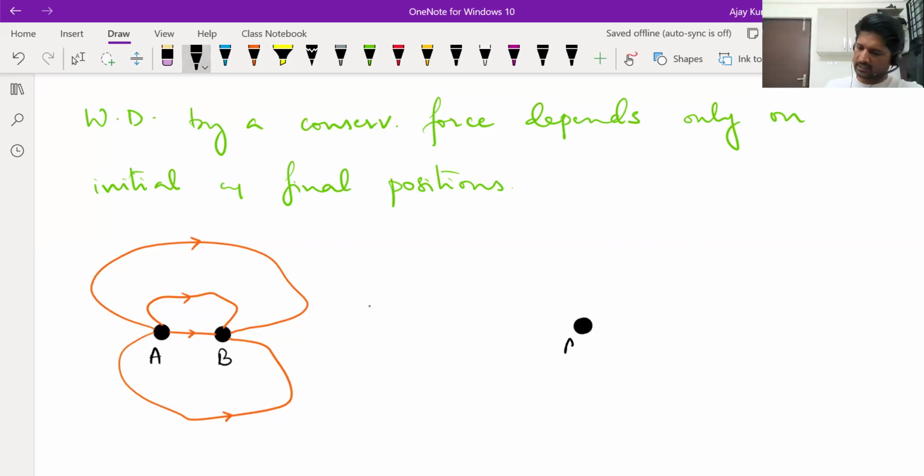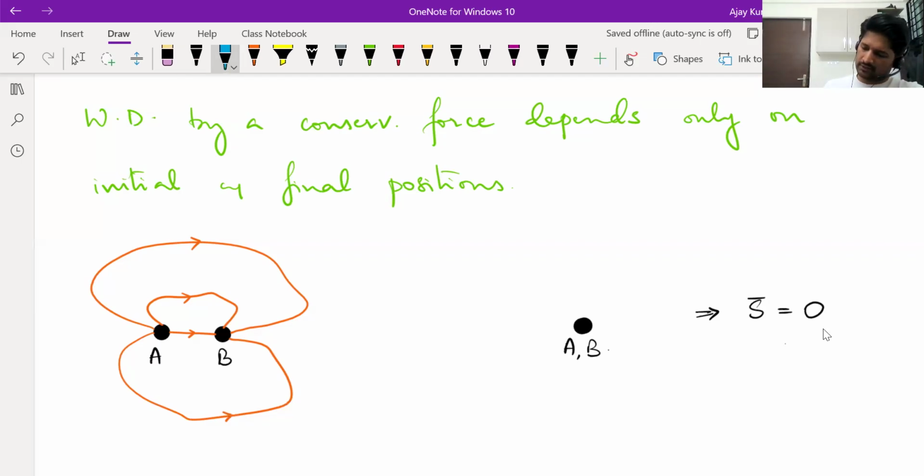Now consider two points which are side by side. Let's say the starting point is here, the ending point is also here. Now you all tell me, if the starting point and the ending point are the same, what is the overall displacement? Zero. If the final position is the same as the initial position, the total displacement is 0.